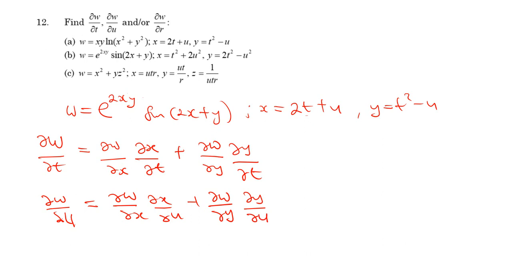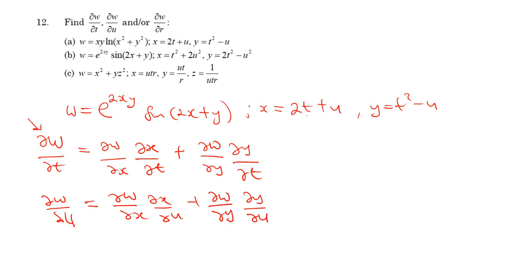This is what we're going to use to find these partials. This is just the chain rule, because I have this function defined in terms of x and y. After I differentiate that function, because it is also defined in terms of other functions, I go further and differentiate again. So that is just the chain rule there.